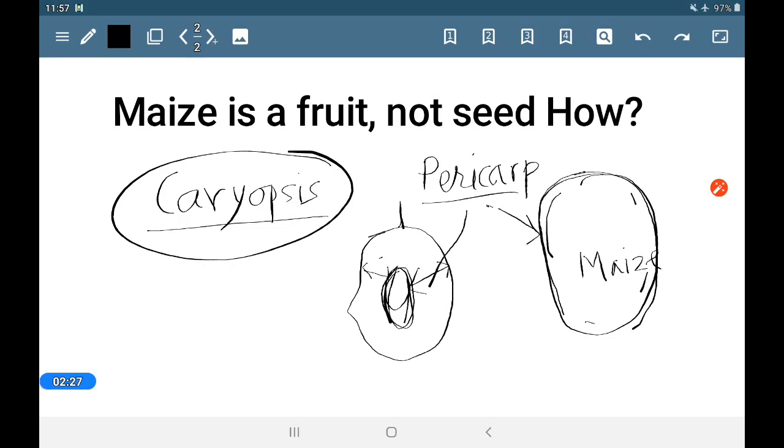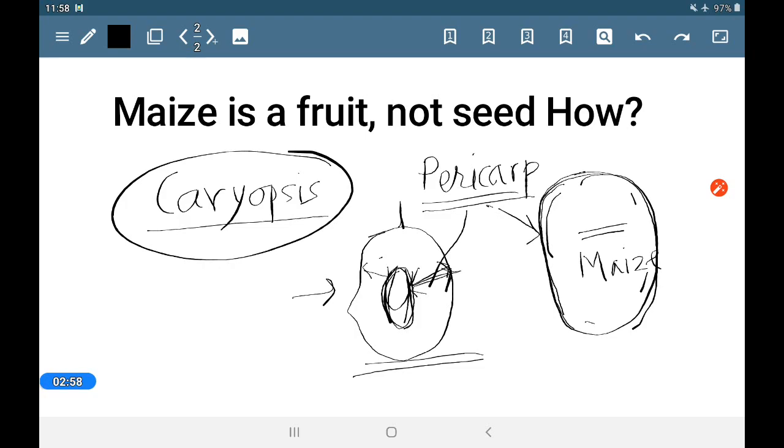Look here for comparison, I have drawn one mango. Here you know that the pericarp is this area that we are eating: exocarp, mesocarp, endocarp, and the seed coat, testa and tegmen. In maize, the pericarp and the testa are just an outer covering as one thin layer, and the testa is attached to that.